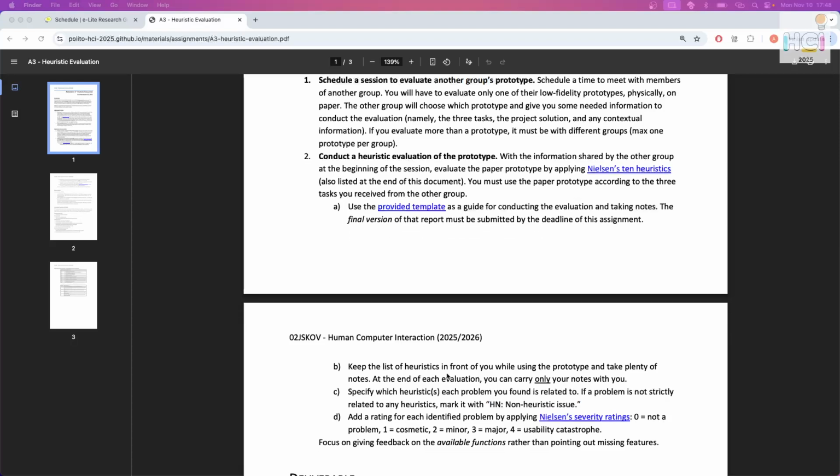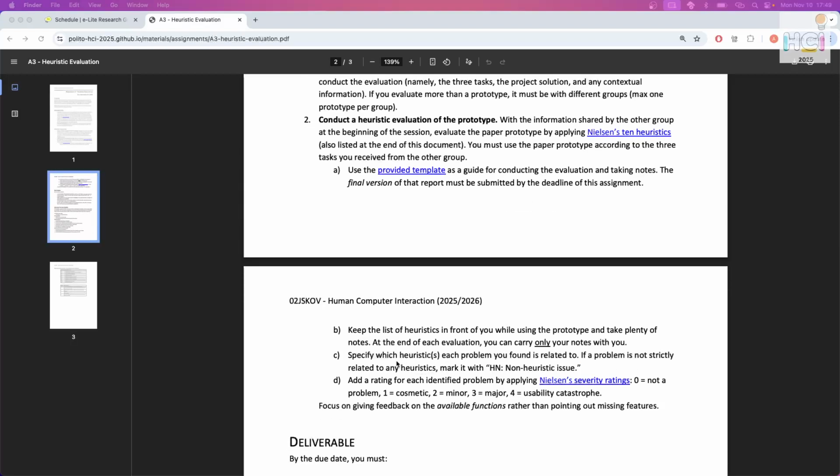Be aware that at the end of each evaluation, you can carry only your notes with you. So you cannot video record your session. You just have to try the prototype, take notes, and that's it, okay? Specify which heuristics each problem you found is related to, following the template.